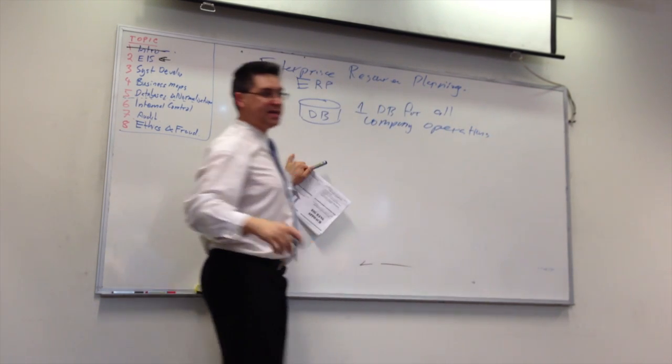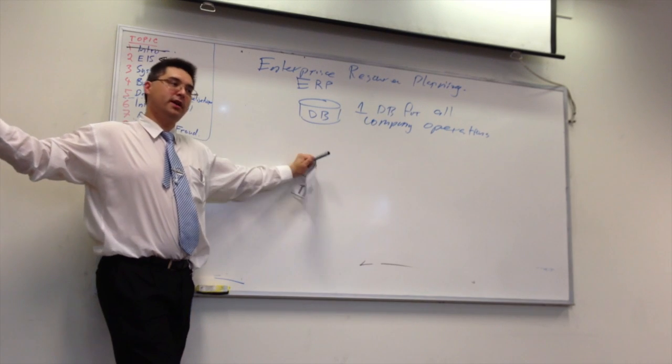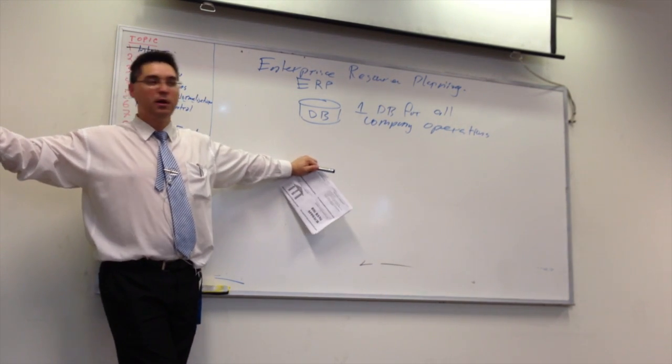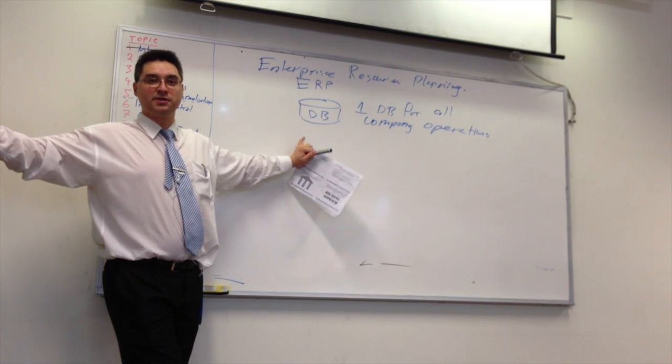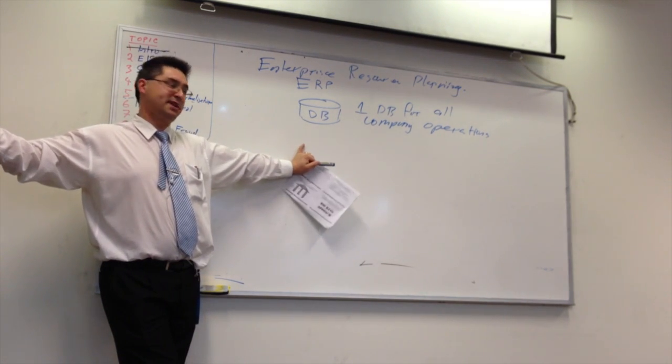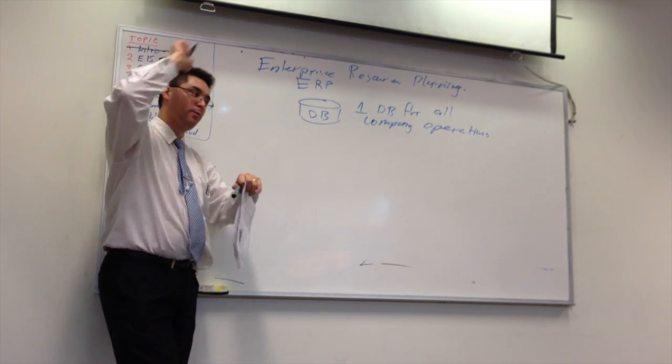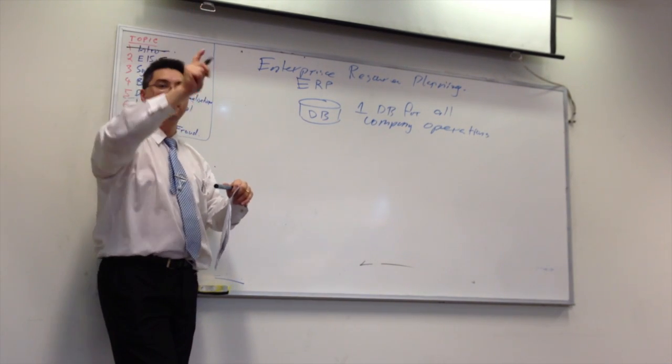So everything is in this database: accounting, finance, human resources, the sales, the marketing, the future plans, all that sort of stuff is in that one database, so that managers just need to look into this one and they can allocate resources using one single system.